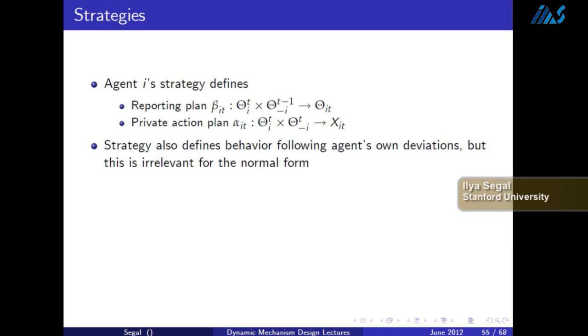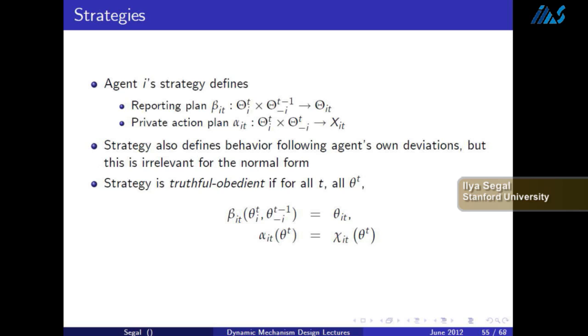And then it's enough to look at these on-path behaviors, and we will be sustaining strategies that are truthful obedient. Truthful obedient means that everywhere on path, when he has been truthful, he will keep being truthful, and he will be obedient as well. He will choose the right action.